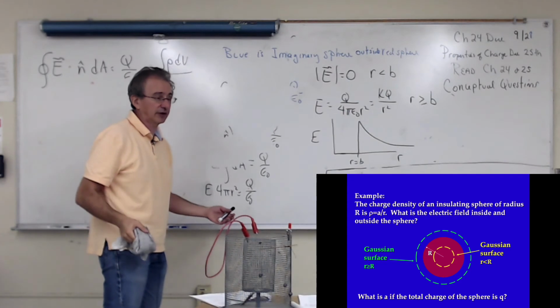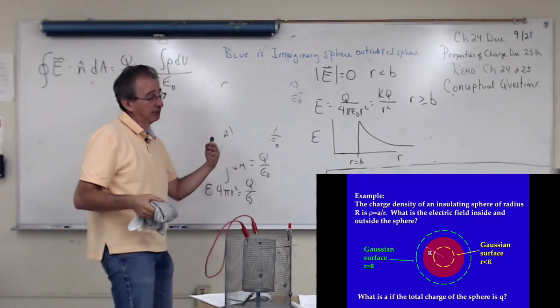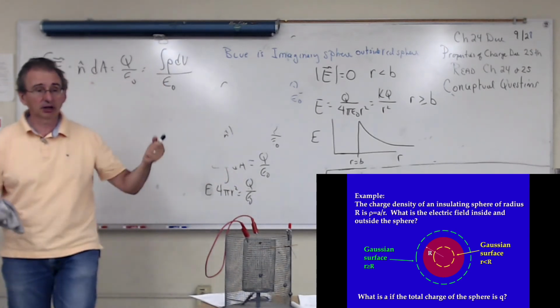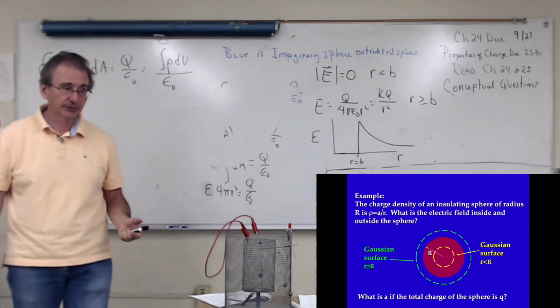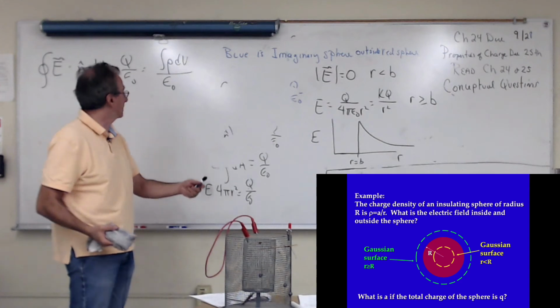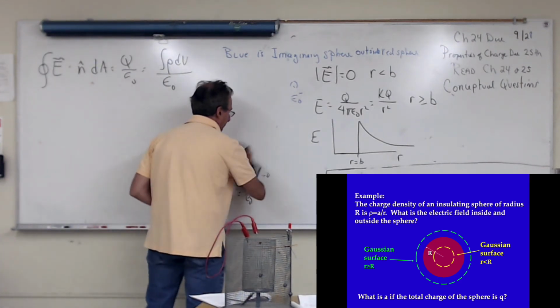Why did I choose spheres for my imaginary surface? Because it has the same symmetry as the spherical shell that we just did. I cannot use a box, because then I won't be able to pull the E dot dn out of the integral. By the way, one more thing I forgot to mention.